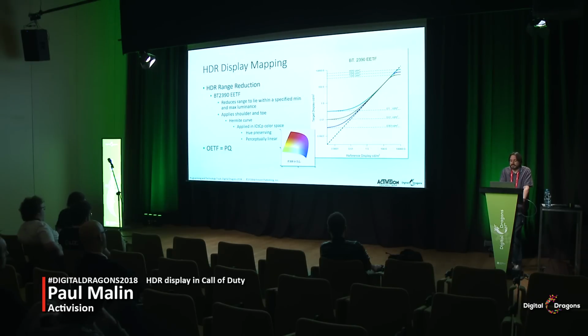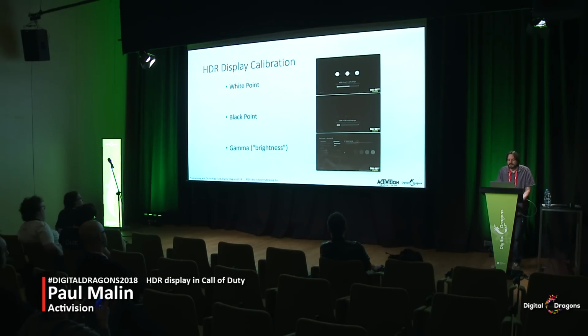This intensity adjustment does not affect the hue, so finally, desaturation of bright values is applied based on how much we have adjusted the intensity. Display calibration screens were presented to calibrate the DD2018 min and max luminance. We had a separate gamma control presented to the user as brightness that was just provided in the options menu and not part of the calibration flow.